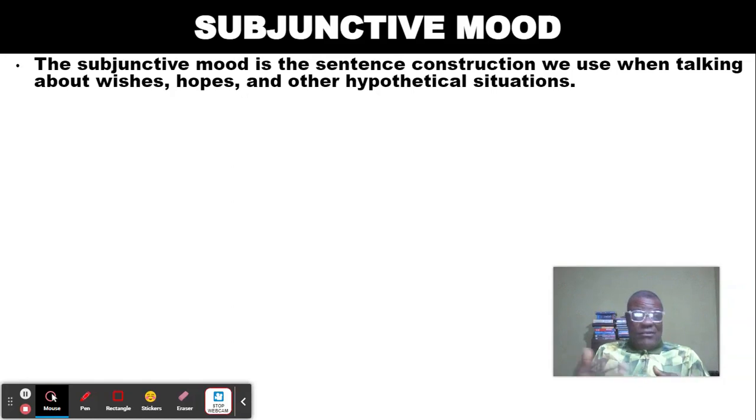Now, most students are not familiar with the subjunctive mood, and that is why we devoted a whole lesson to discussing the subjunctive mood in detail. And you will find the video if you browse through the channel.